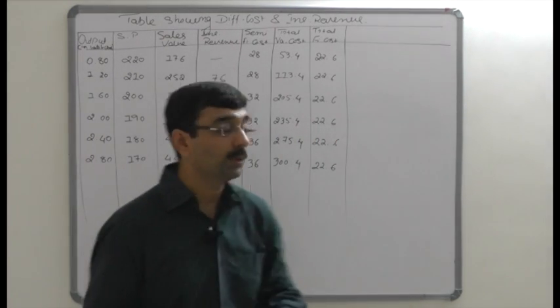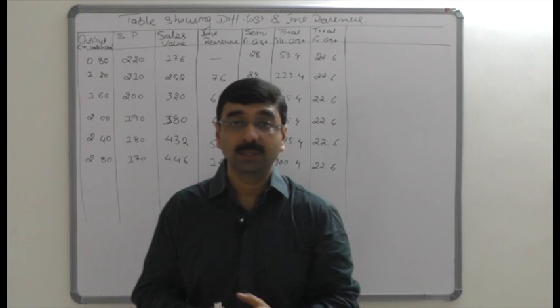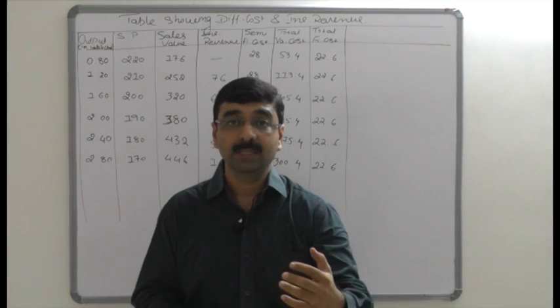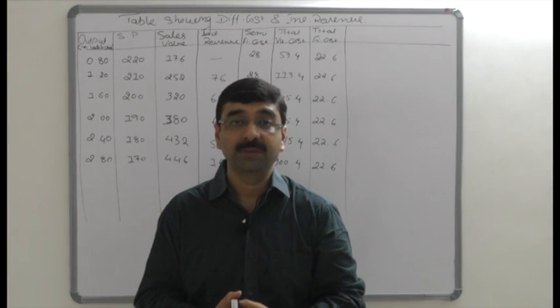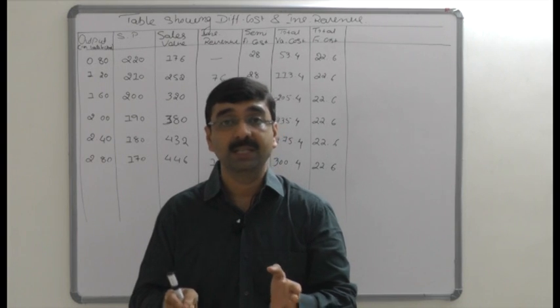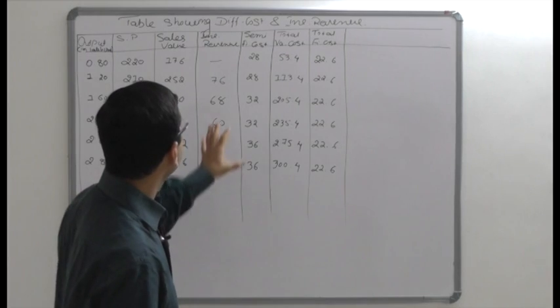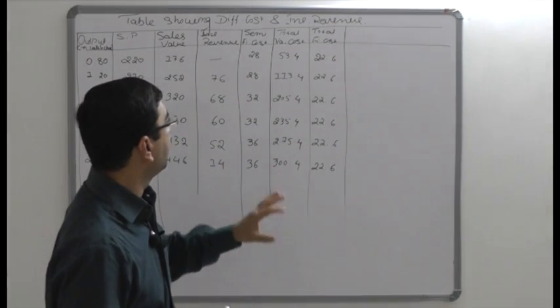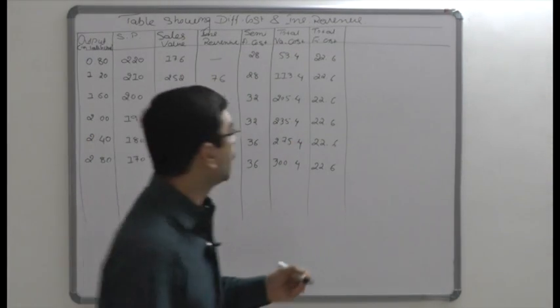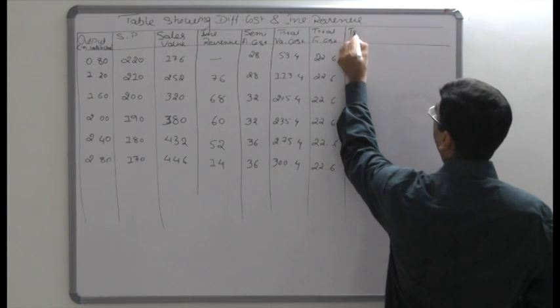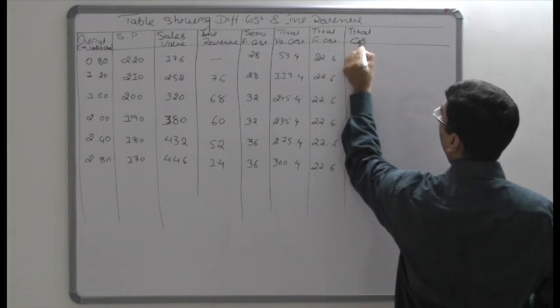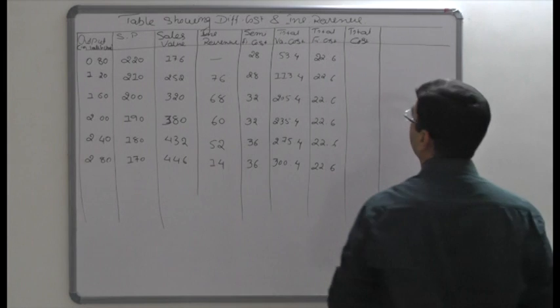Now, according to this information, we will find the total cost, and on the basis of the total cost we will find the differential cost and the difference between the incremental revenue and differential cost. So on the basis of all the fixed and variable costs, we will identify the total cost. The next step is to add all these three costs and identify the total cost.